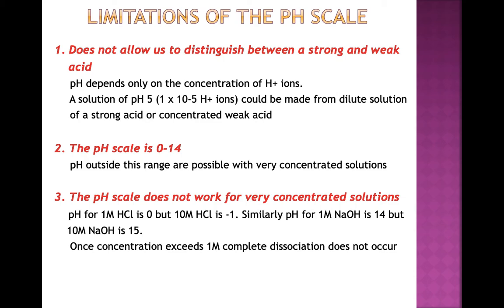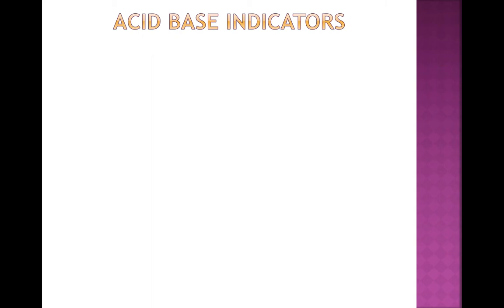Similarly, the pH for 1 molar sodium hydroxide is 14, but if you went to 10 molar sodium hydroxide, that would be 15, which is outside of the scale. So once the concentration exceeds 1 molar, complete dissociation does not occur. And it is limited, finally, to aqueous solutions. Of course, things can be dissolved in solvents other than water, and the pH scale just doesn't take that into account at all. So that's just a quick run through on the limitations of the pH scale.